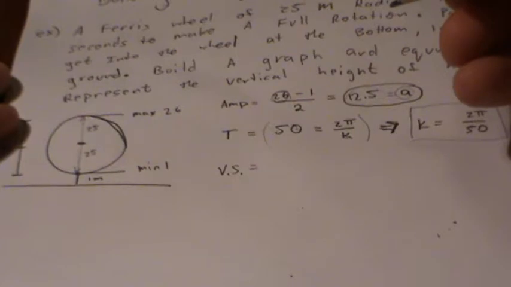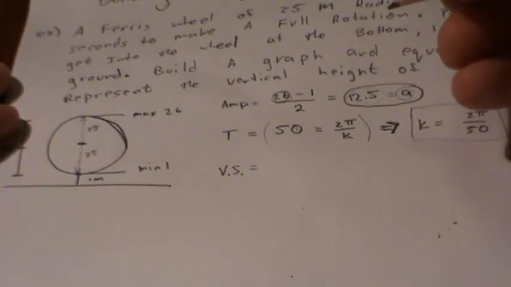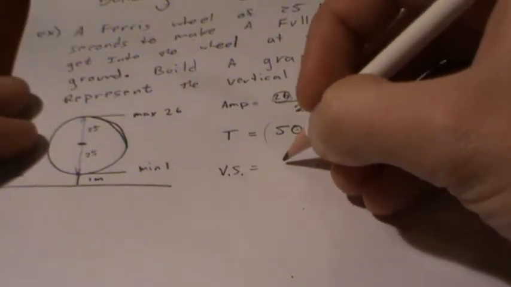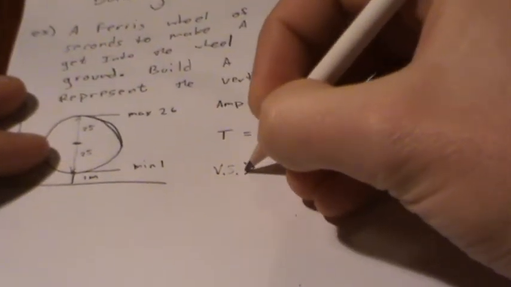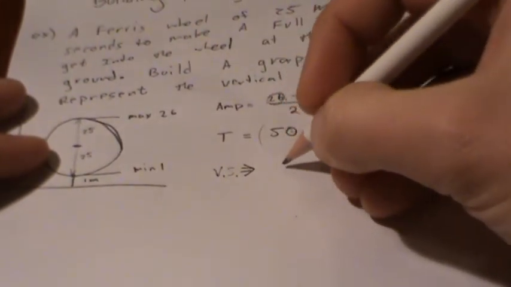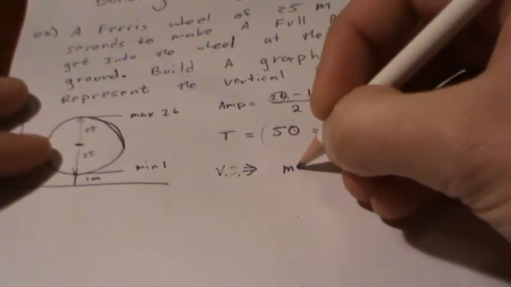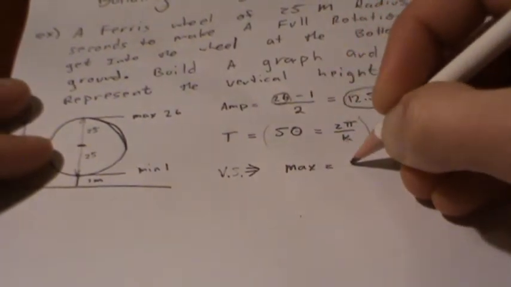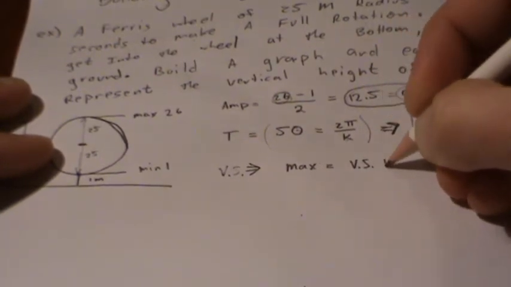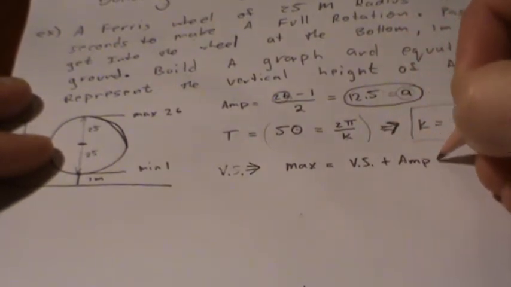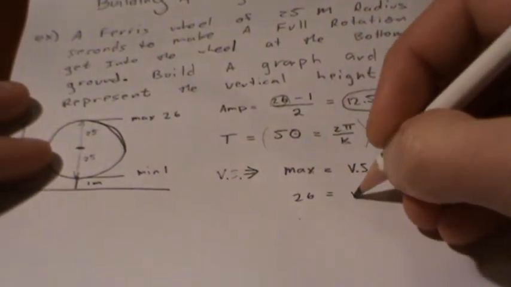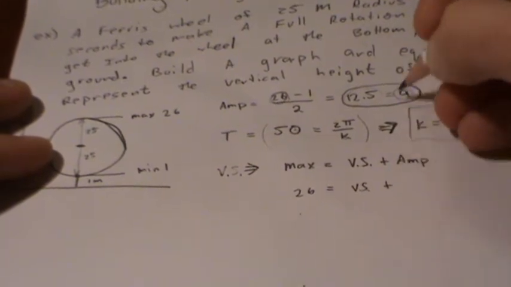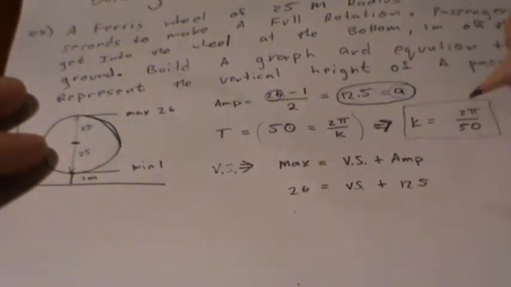Remember that the maximum is equal to the vertical shift plus the amplitude. I know that the maximum is 26. I'm searching for the vertical shift, and the amplitude is 12.5.